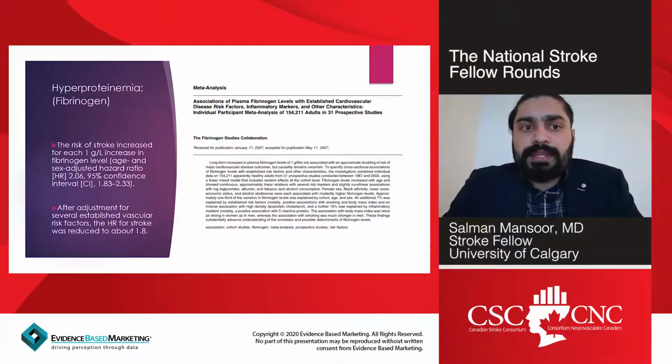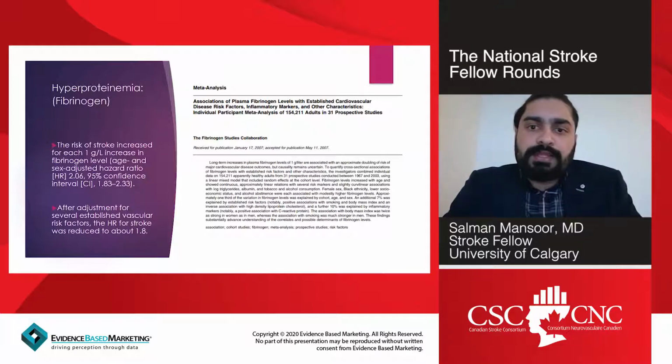So, hyperproteinemia. There was a meta-analysis done on 31 prospective studies, published back in 2007. It was a meta-analysis of the association of plasma fibrinogen levels with established cardiovascular disease risk factors, inflammatory markers, and other characteristics. The individual participants included in this study numbered around 154,211.